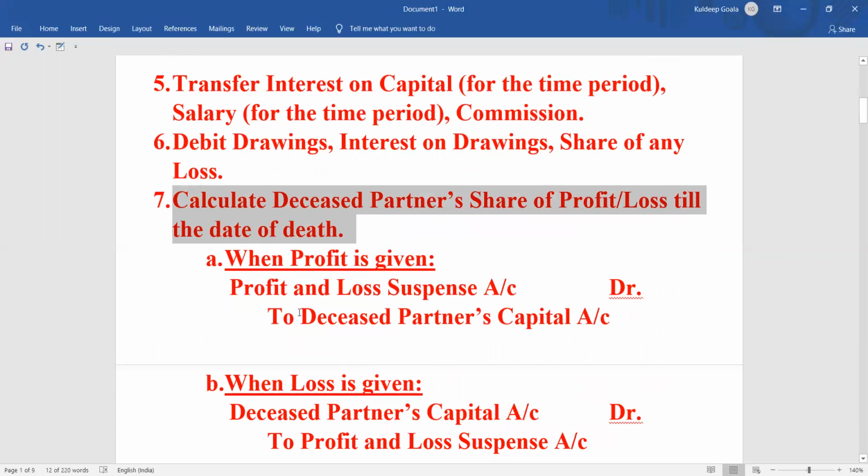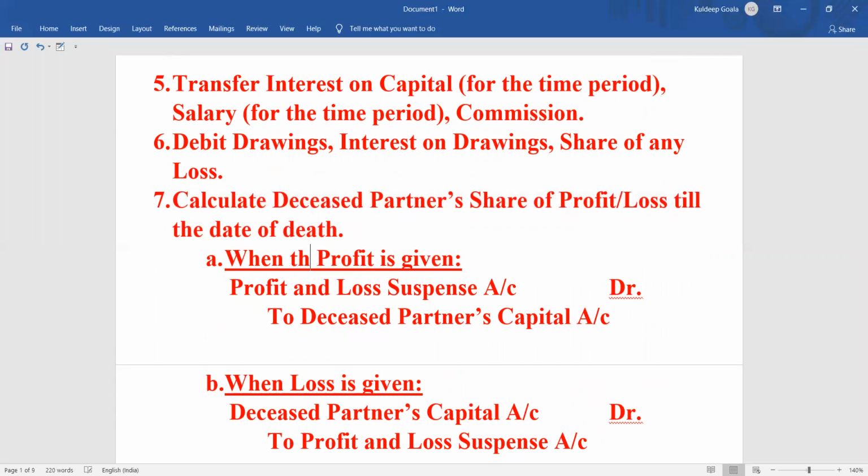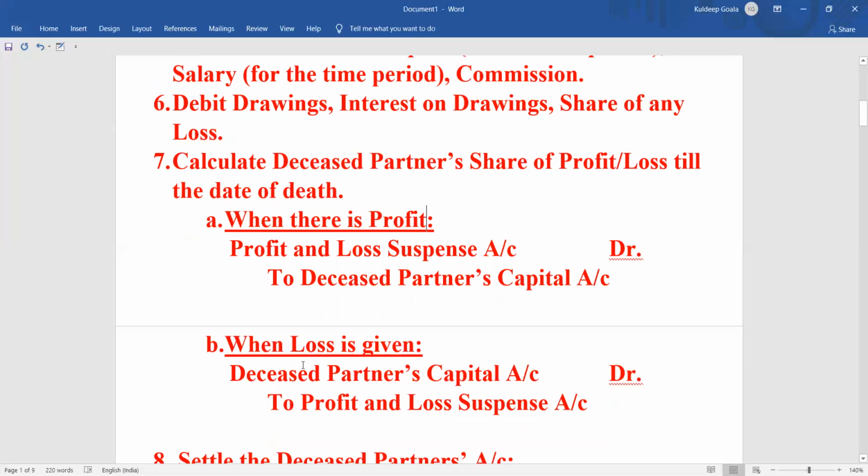When there is profit, it will be profit and loss suspense account debit to partner's capital account. And if there is loss, then it will be deceased partner's capital account debit to profit and loss suspense account.